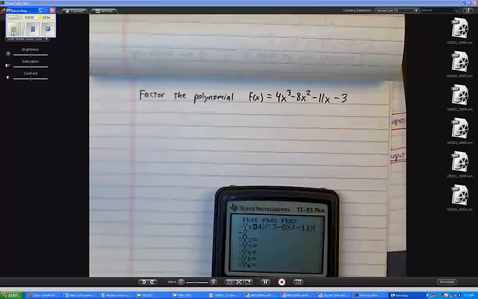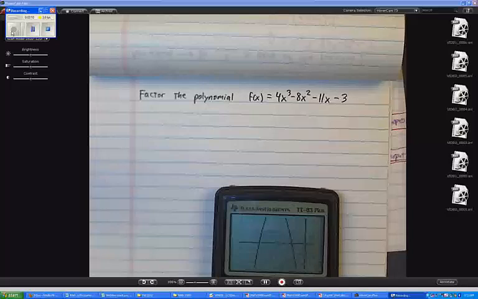So now, when I look at the graph, how does it change right around here? Well, it crosses the x-axis twice. You with me? Now, if I go back to the y equals and I say, well, it's -2.8, and I graph, it's still going to cross, just not as much. Are you with me?